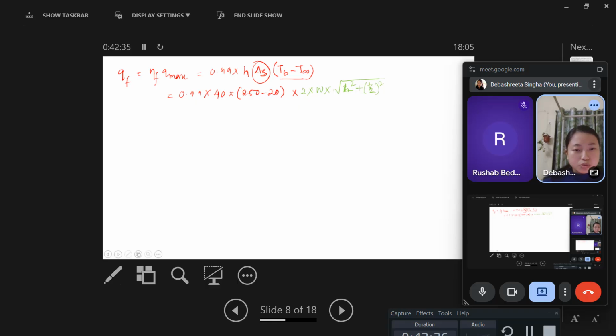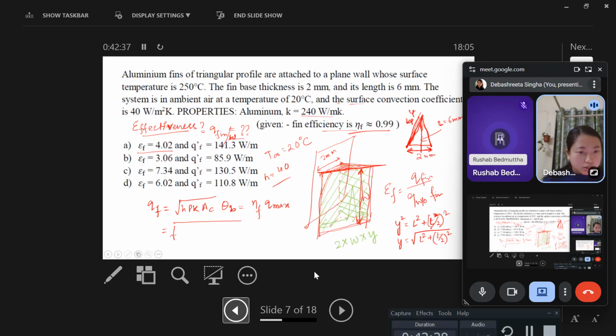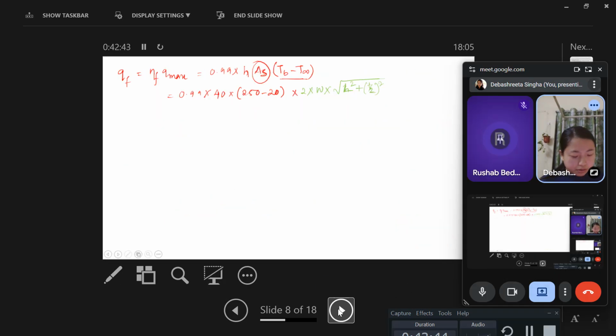Now you also see in this formula, Q without fin is given by h Ac,b into theta B. That means this is the cross section at the base.